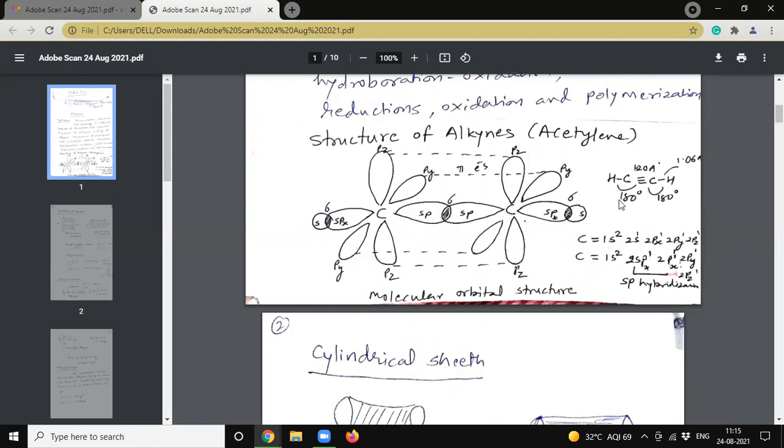The bond angle between carbon and hydrogen is 180 degree; it is a linear molecule. The carbon-hydrogen bond length is shorter than in alkane and alkene. It is 1.06 angstrom. So this is the molecular structure of alkynes.